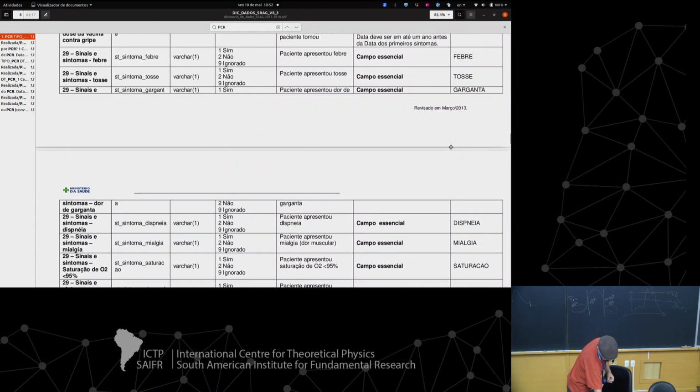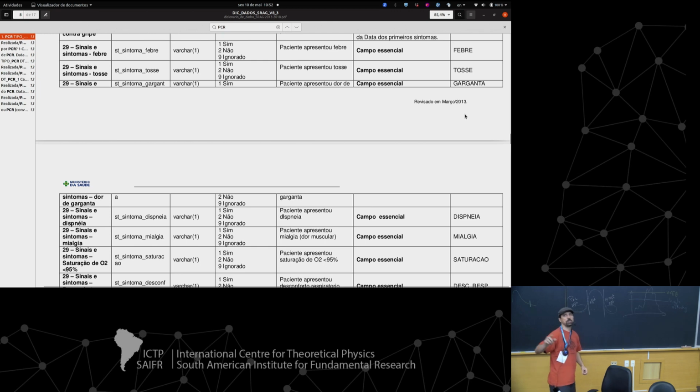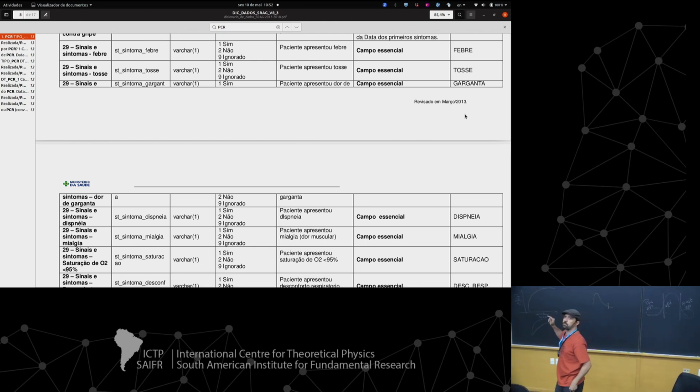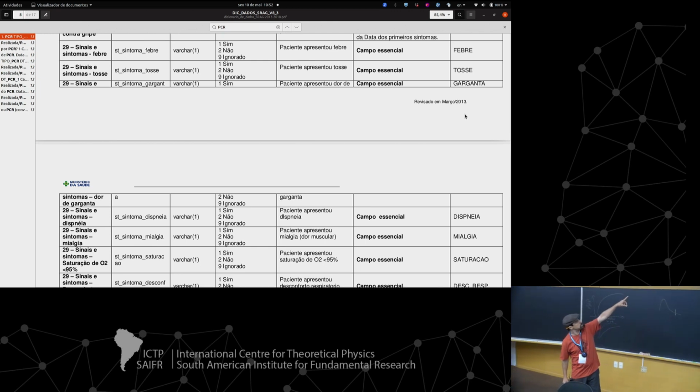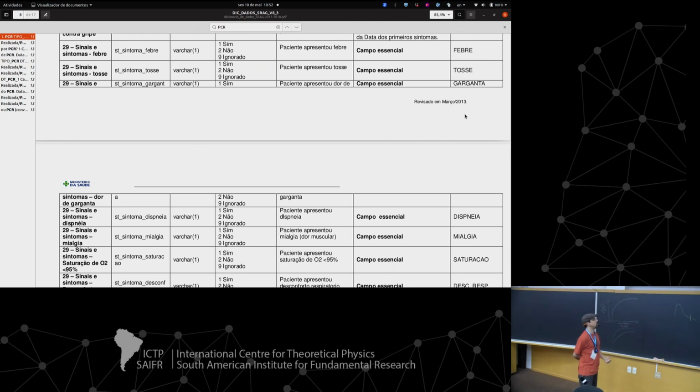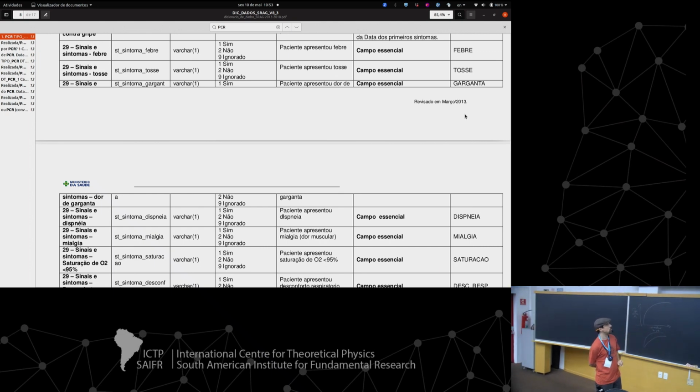But also you have variables associated with the symptoms. So those, for instance, fever, coughing, throat, dyspnea, myalgia, saturation of oxygen, respiratory discomfort, and so on and so forth.